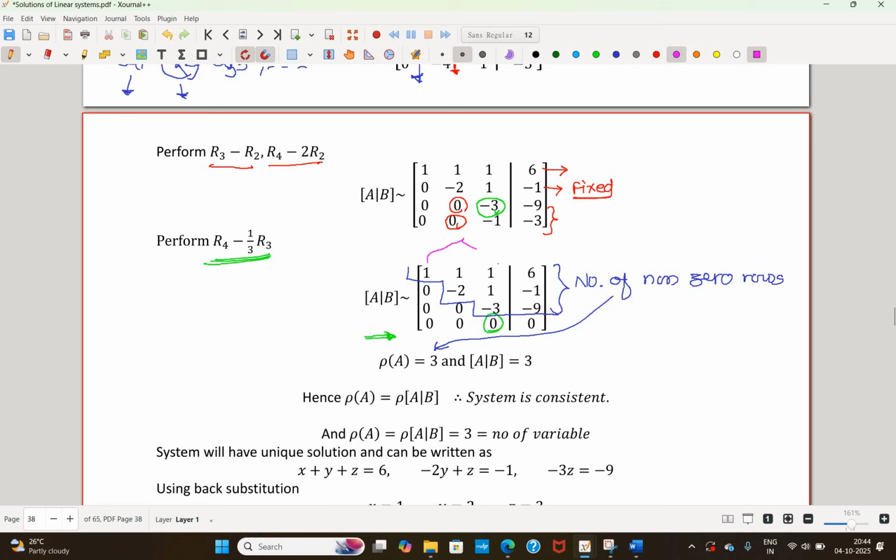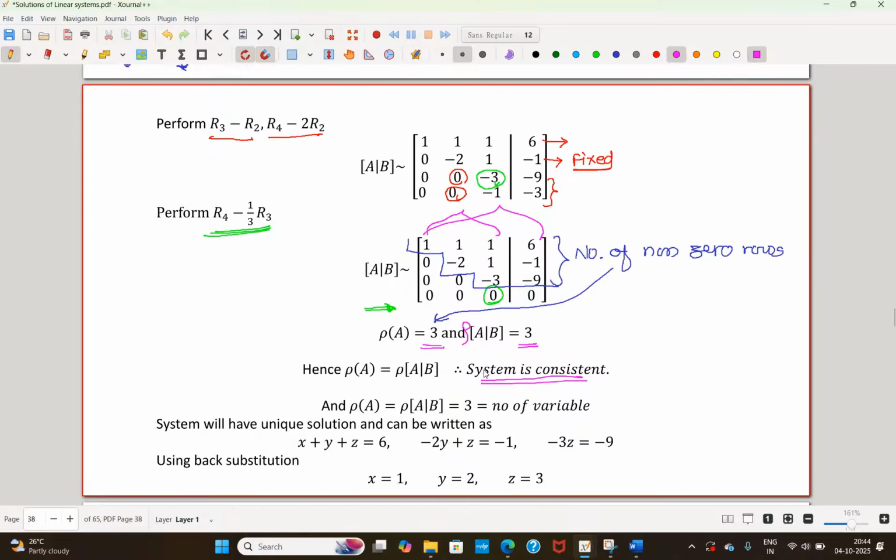This is your coefficient matrix. What is the rank? Number of non-zero rows are 3, and then combine this particular matrix with the last column over here, and hence this matrix, which is the augmented matrix, its rank is also equal to 3. So rank of AB is equal to 3. Both ranks are equal. System is consistent according to our chart, right?